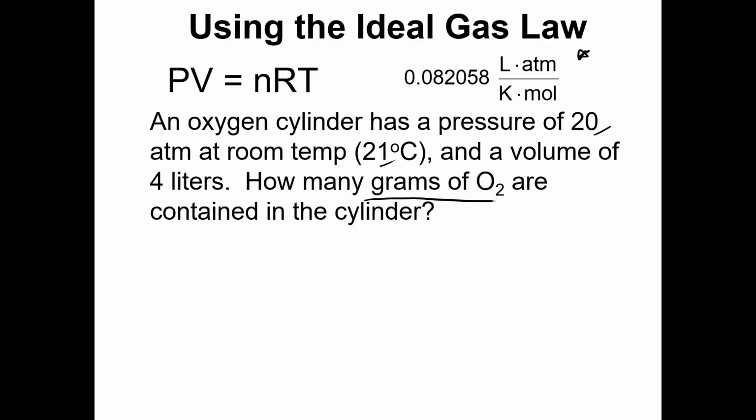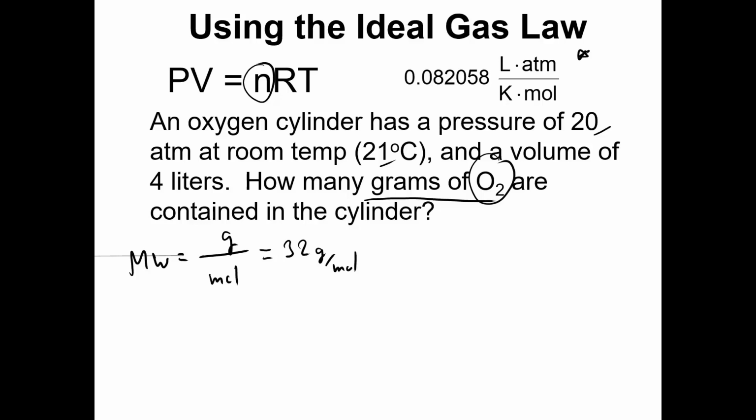That's not part of the ideal gas constant, but we know very well that the number of moles is related to the number of grams, and that's because molecular weight is equal to the number of grams over the number of moles, right? And so we do know what that is for O2. We know that the molecular weight for O2 is 32 grams per mole.